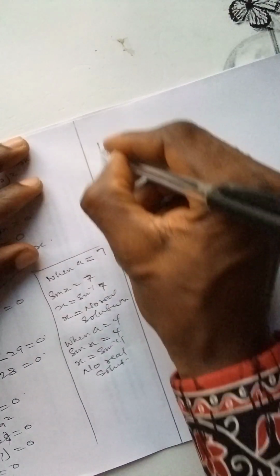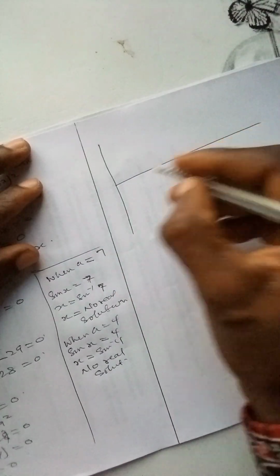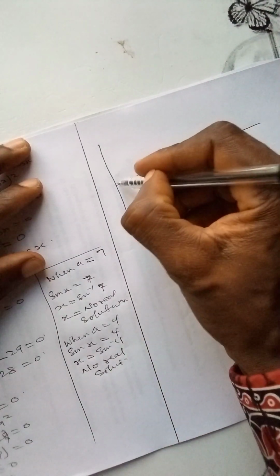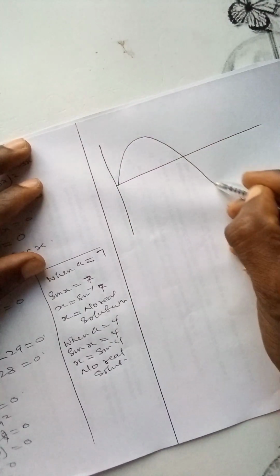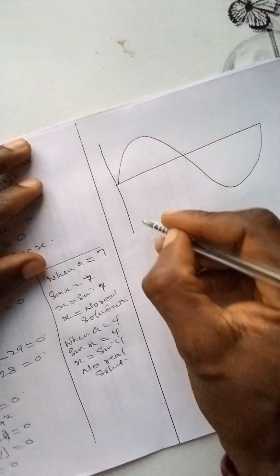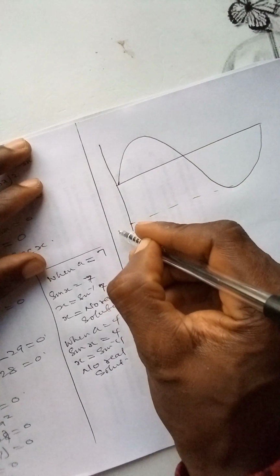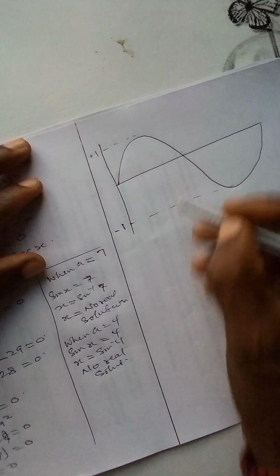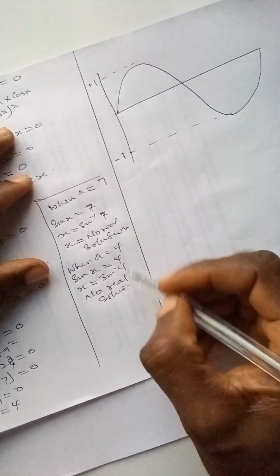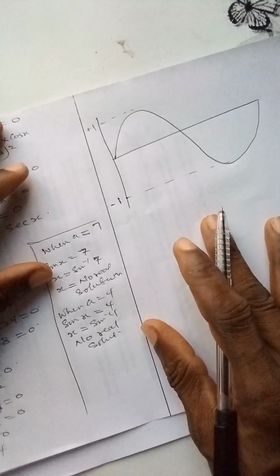The reason is this. If we plot the graph of sine x, we will get the maximum at minus 1 and plus 1. The maximum here is minus 1 and the maximum here is plus 1. So we don't have 4 and 7 in the graph.